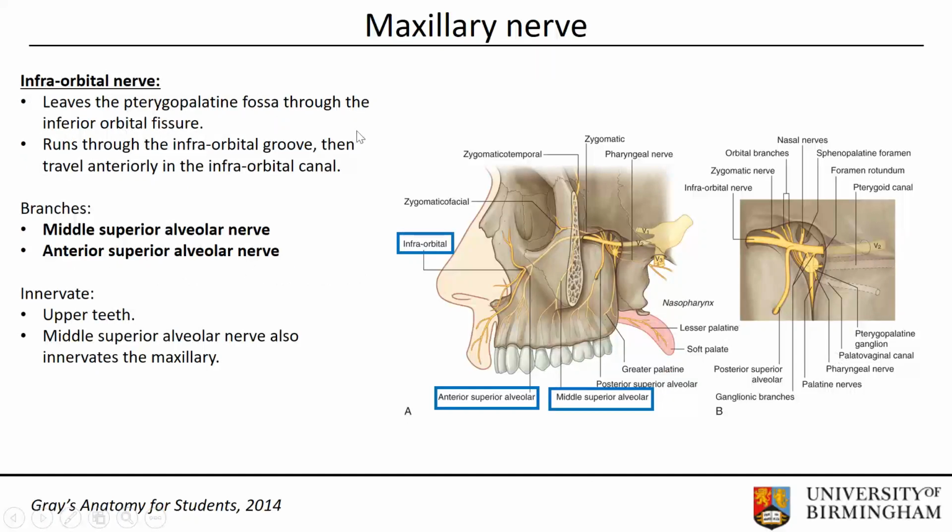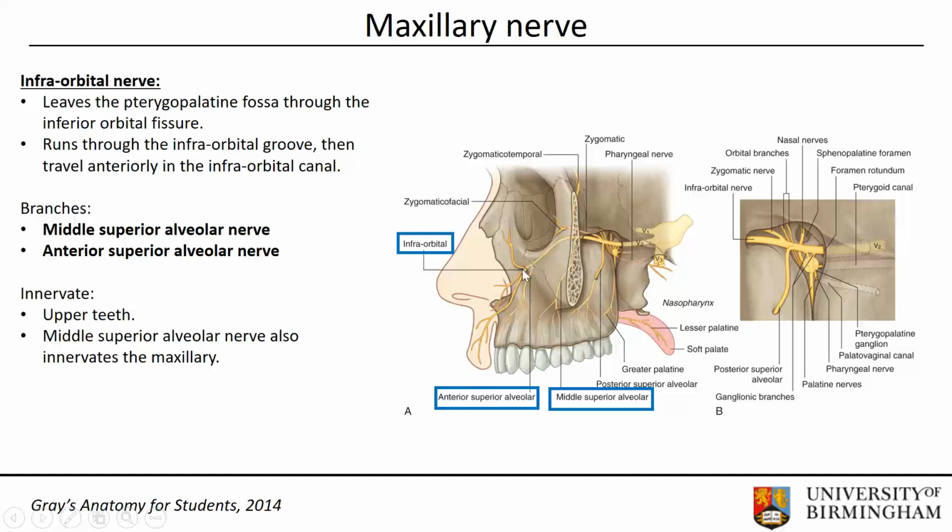The infraorbital nerve leaves the pterygopalatine fossa through the inferior orbital fissure. It runs through the infraorbital groove in the floor of the orbit and then goes anteriorly in the infraorbital canal.